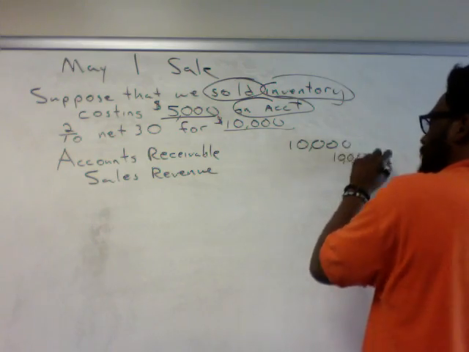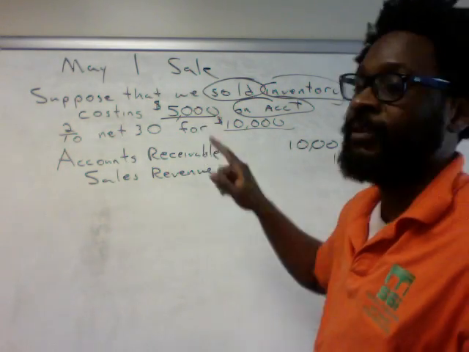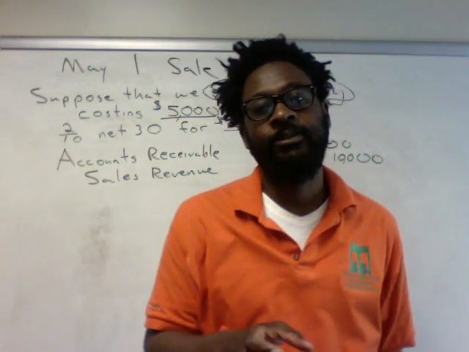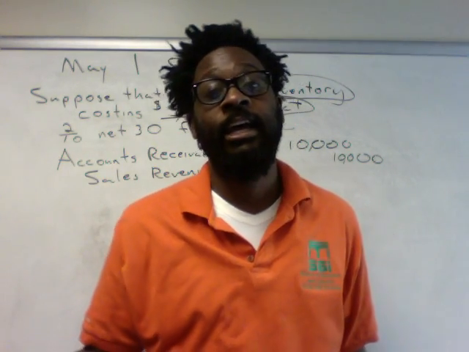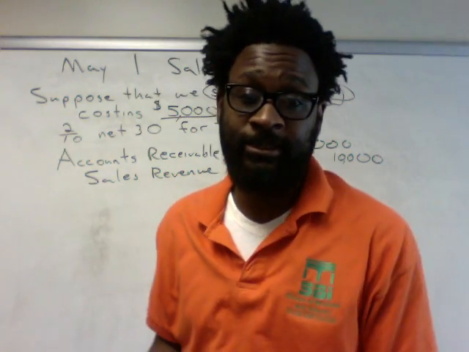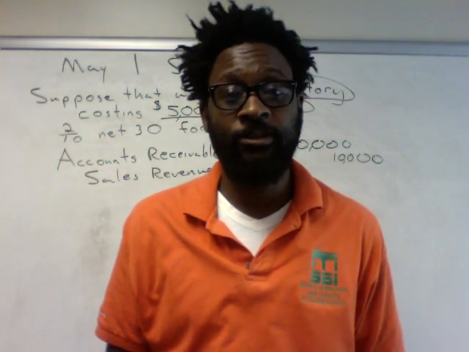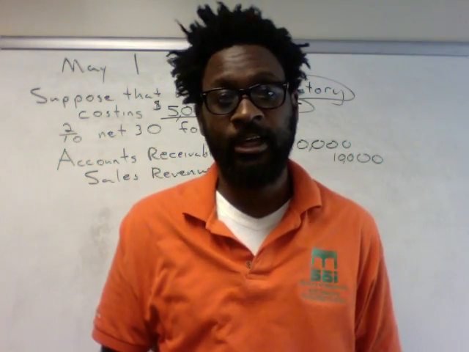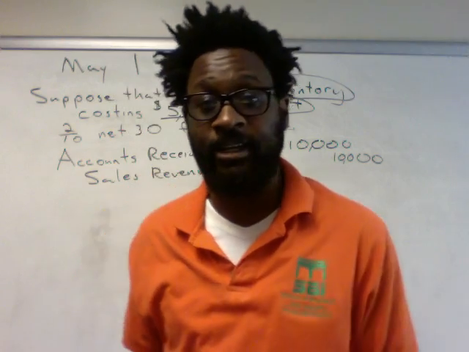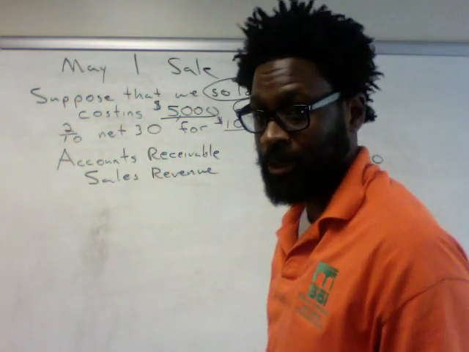We're not finished because we have to also account for the $5,000. Remember the key fact: whenever you sell inventory, an expense is created and it becomes cost of goods sold. So what you have to do is take inventory off the books and turn it into cost of goods sold, the actual expense that's created. To increase an expense, we always debit it.